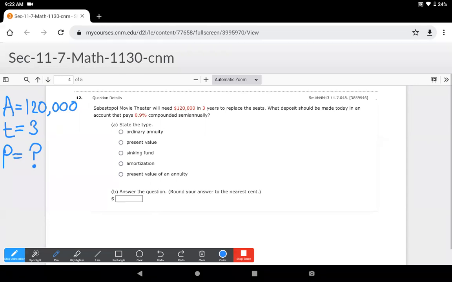If we have an account that pays 9% compounded semi-annually, right? So this is the scenario. They're asking for P. There's two equations that solve for P. One has M, one has A. We have the one with A. That's the present value.